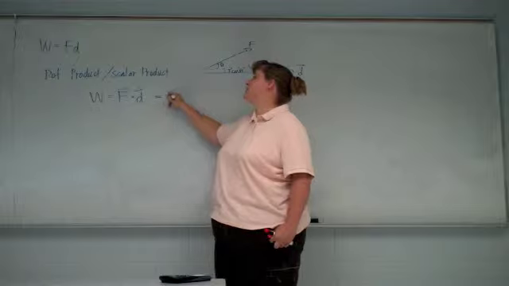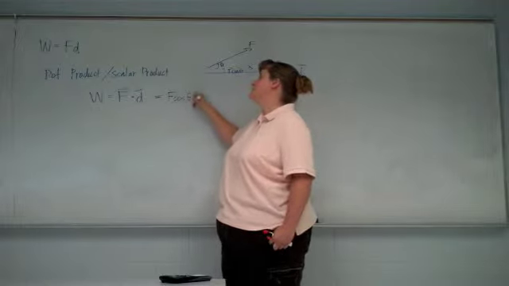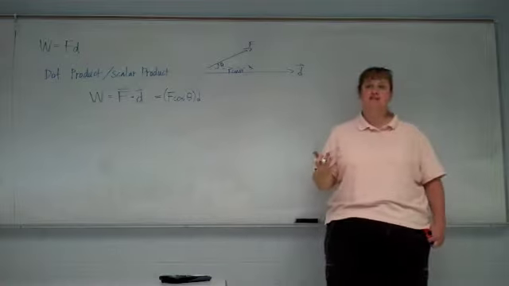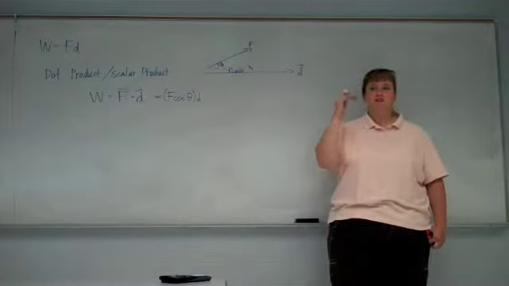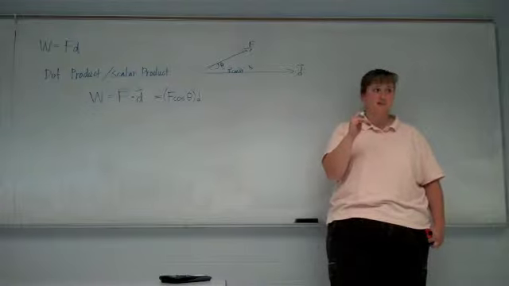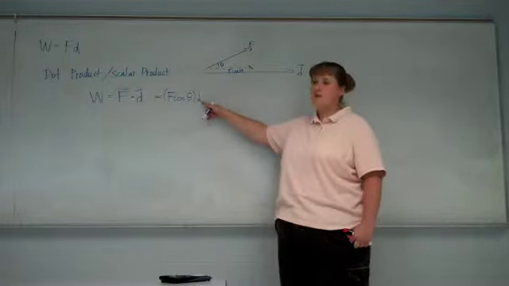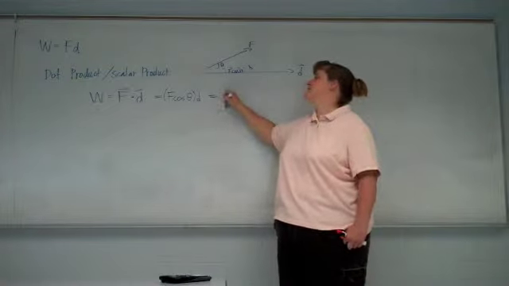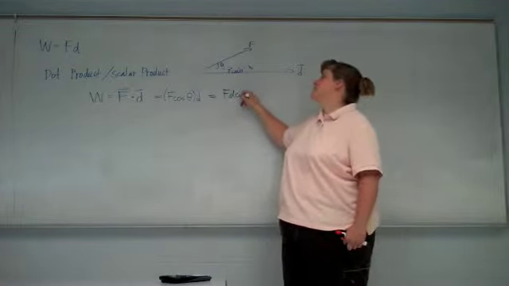That is a perfectly legitimate way to find the dot product. Finding the F cosine theta gives you the component that's parallel to the displacement. Then multiply by the displacement, and you have your answer. That is a solution to the dot product.